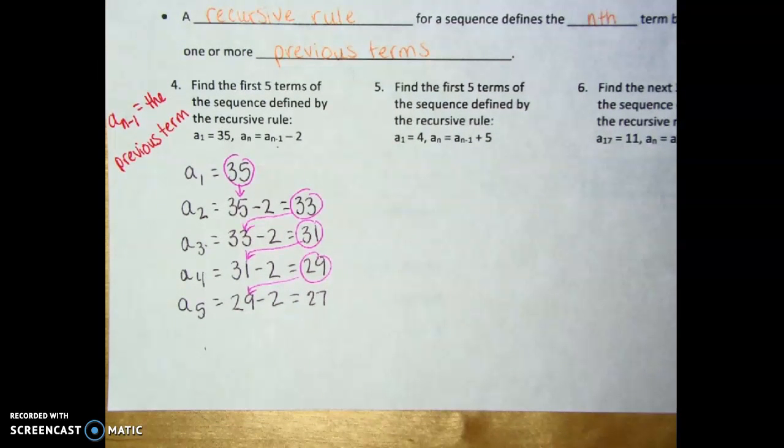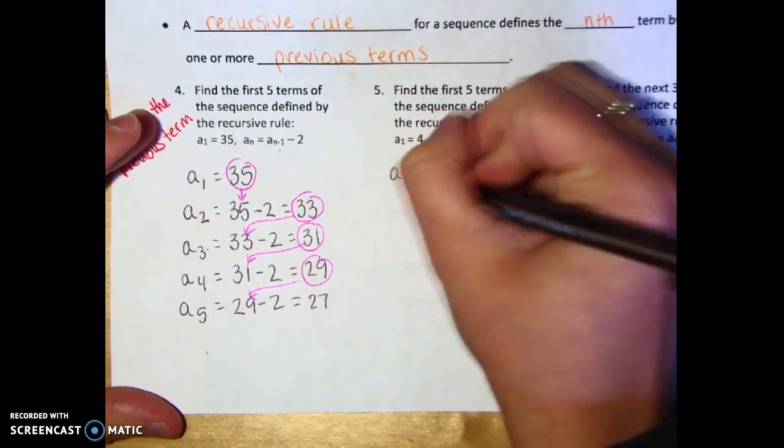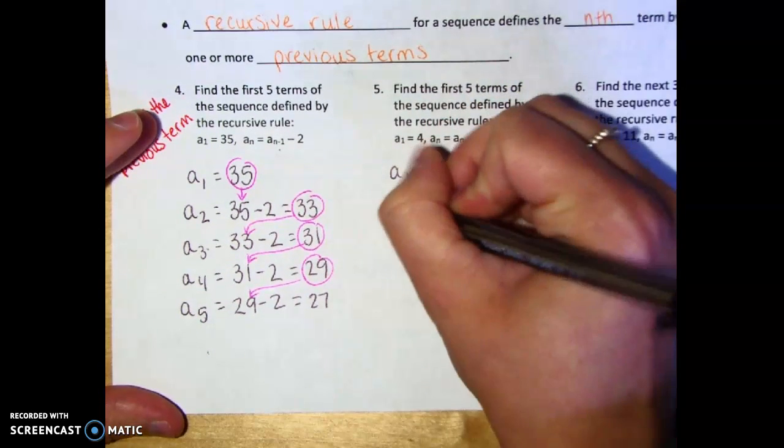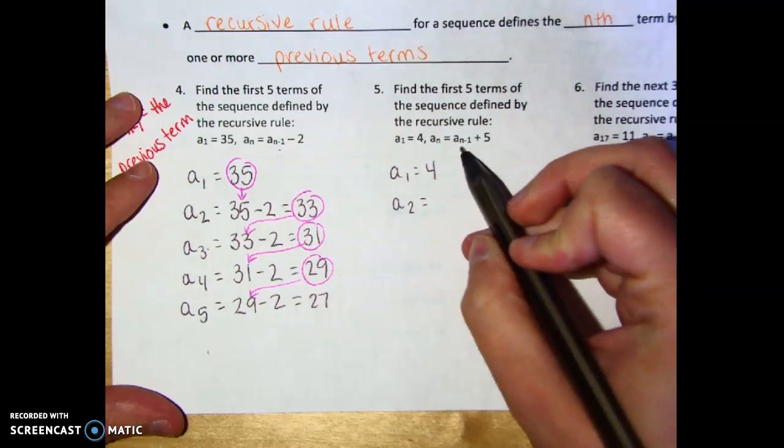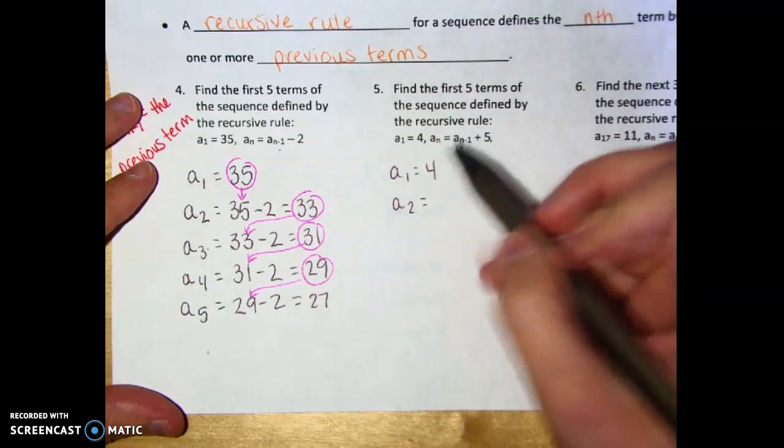It says find the first 5 terms of the sequence defined by the recursive rule. It gives us that the first term is 4, and then we need to find the next 4. So here we go. A sub 1 equals 4. A sub 2 equals, now instead of a sub n minus 1, I plug in the previous term, which is right here.